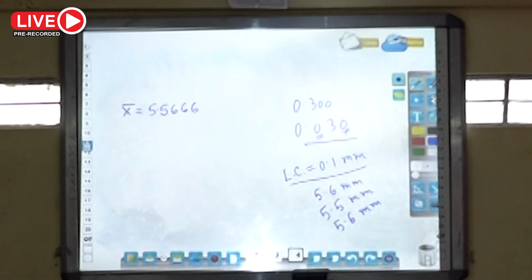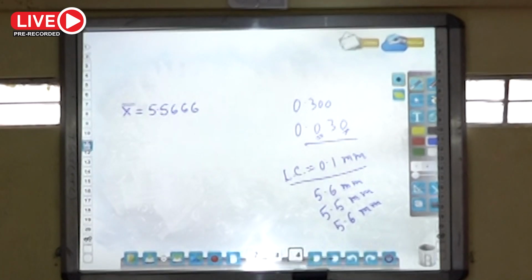But this is actually a wrong measurement. Why? If you write more 6s, because 16.7 divided by 3 will not terminate, the result is non-terminating.